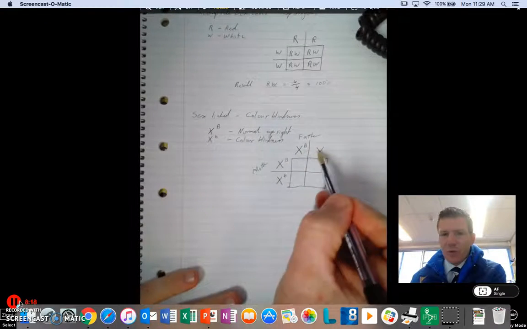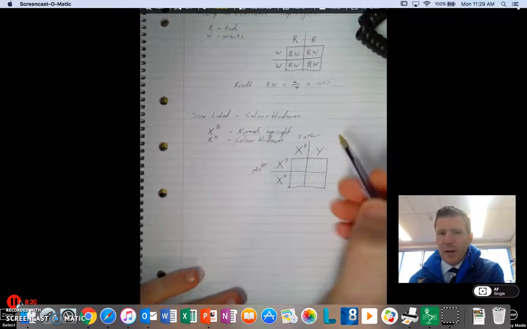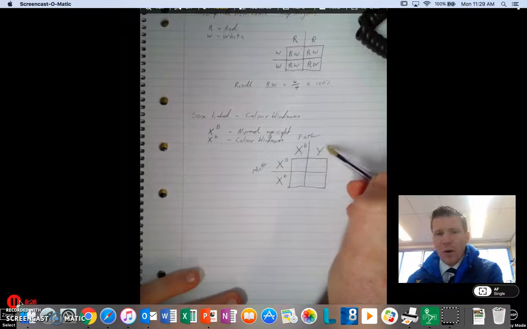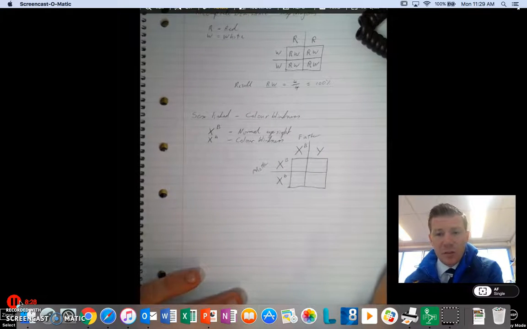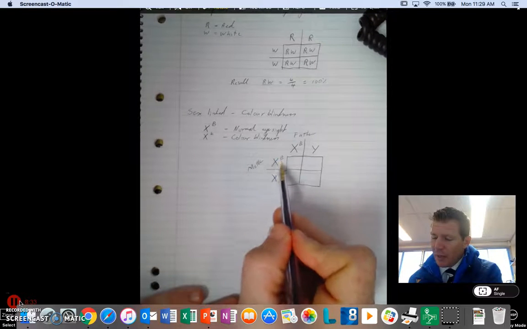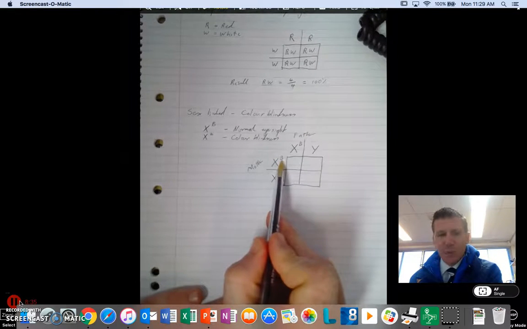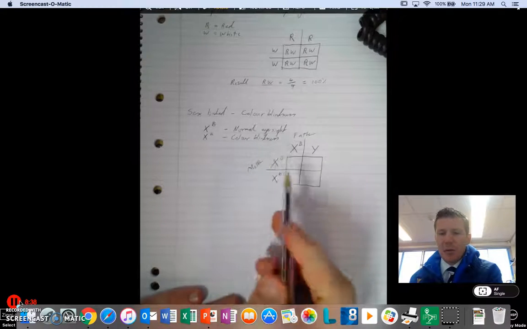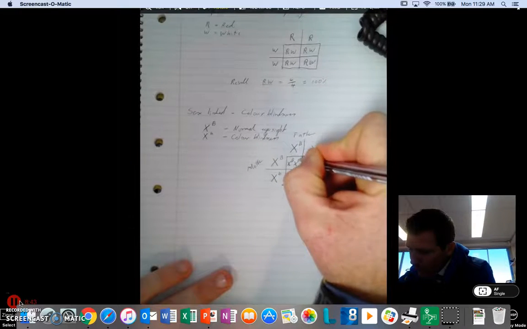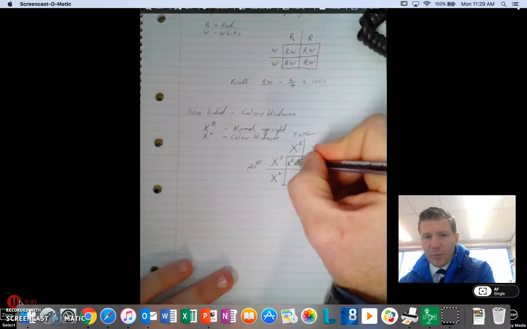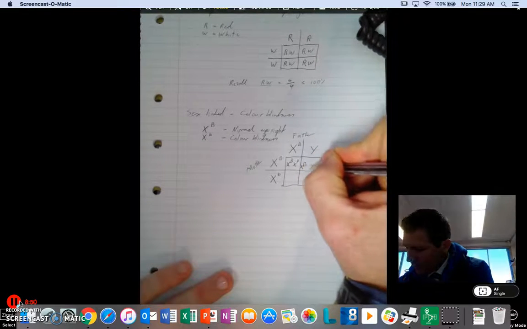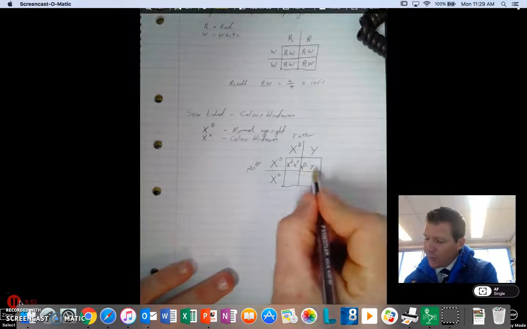Right now we've got a cross between a father who doesn't have colour blindness, which you can see by the capital B, and a Y. The Y doesn't code for anything because it's a different type of gene, but the Y denotes that it's a male. Then capital B and lowercase b: because B is dominant, the mother isn't colourblind, she has normal eyesight. But when we cross it, okay, homozygous dominant, XB, so you've got a father with normal eyesight.